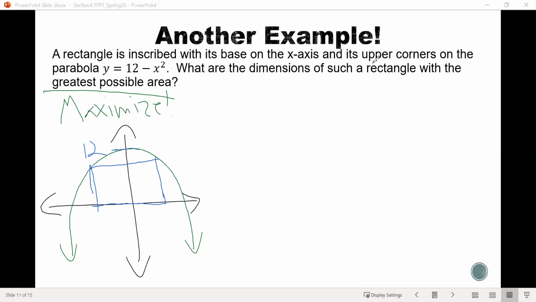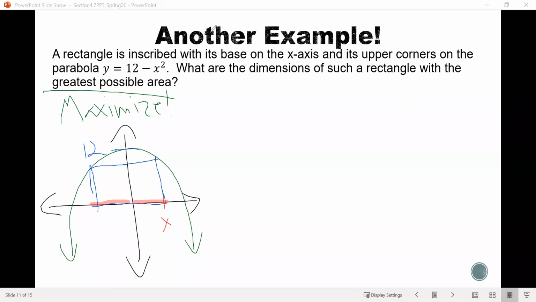And let's go ahead and label some stuff on here. So notice, first of all, that for the lengths along the horizontal axis, this one and this one, they're going to be the same because we see there's some symmetry here. And notice that the length along there is going to go over to some value of x, right there.